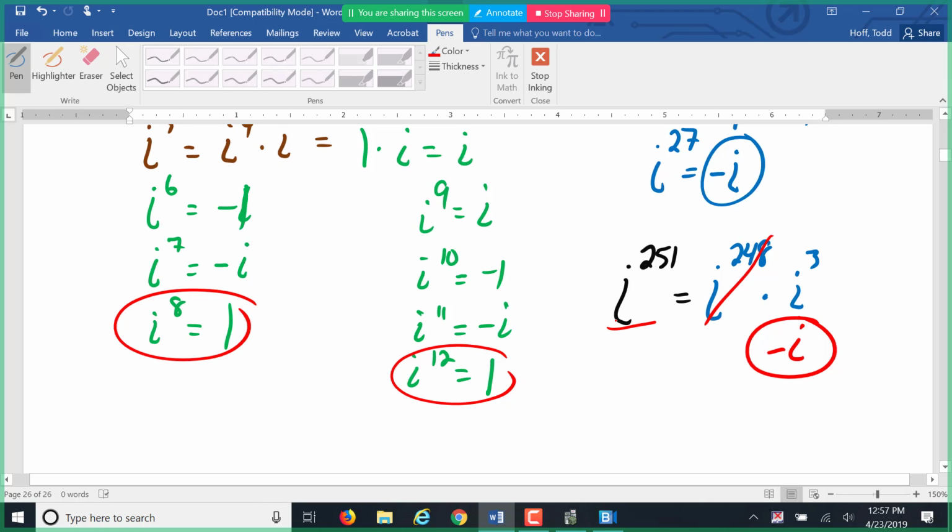So the powers of i are, like we said, modular. They keep going through the same cycle over and over. So it's modular within 4. If you divide that power by 4, the remainder gives you the result. Rather than breaking this up into i to the 248 and i to the 3rd, I could have done 251 divided by 4.